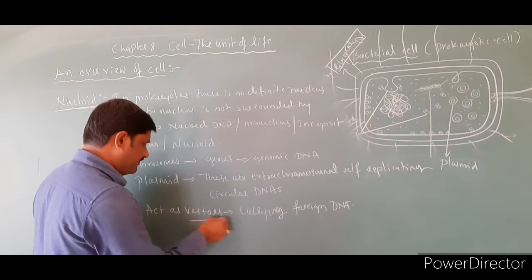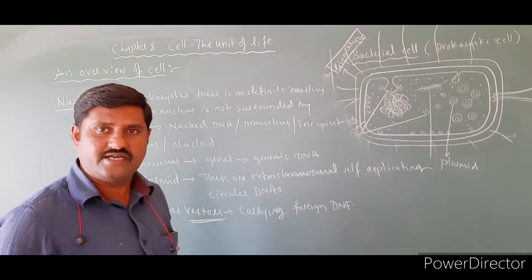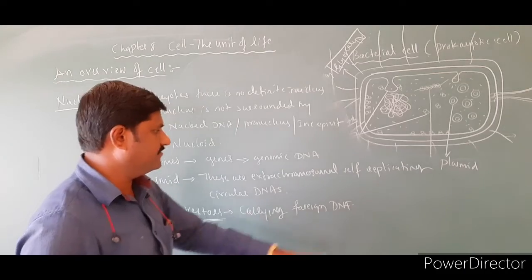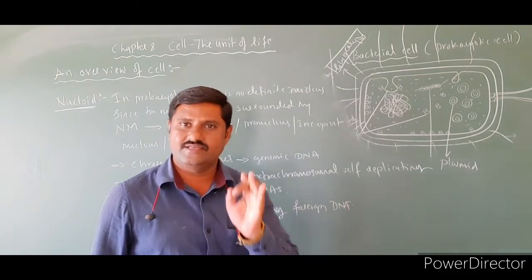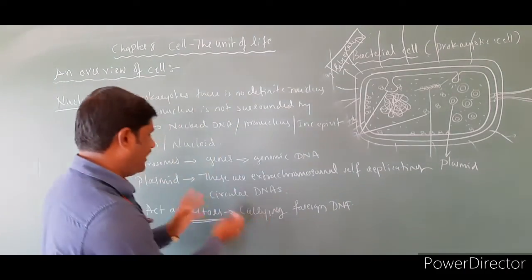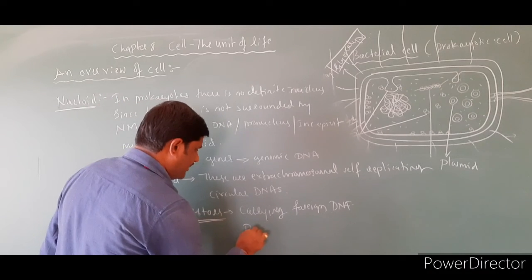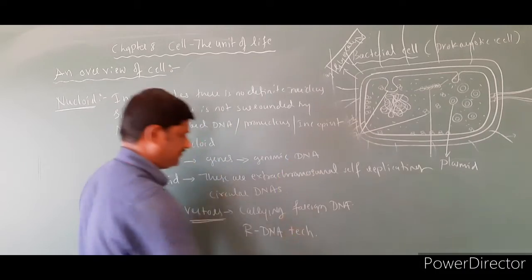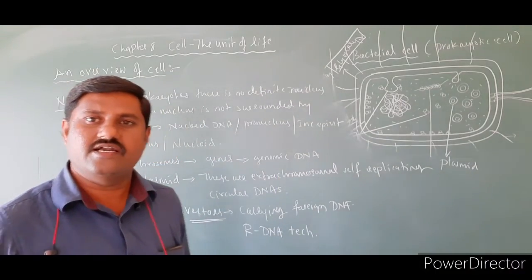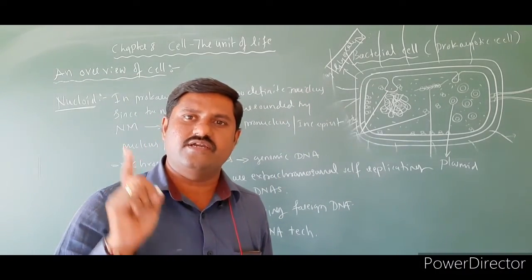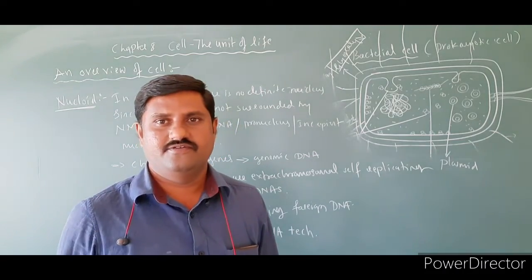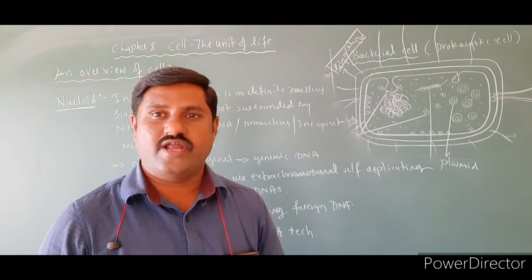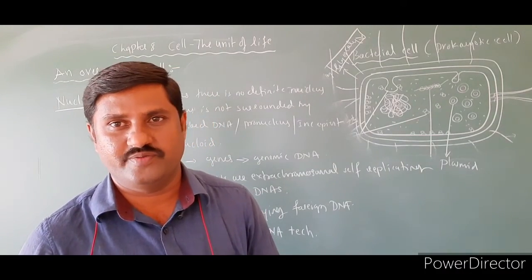Such structures are known as vectors. Means they are carriers of genes, carriers of the DNA, right? These are used in rDNA technology, recombinant DNA technology, for bringing about some good products for the welfare of human beings.